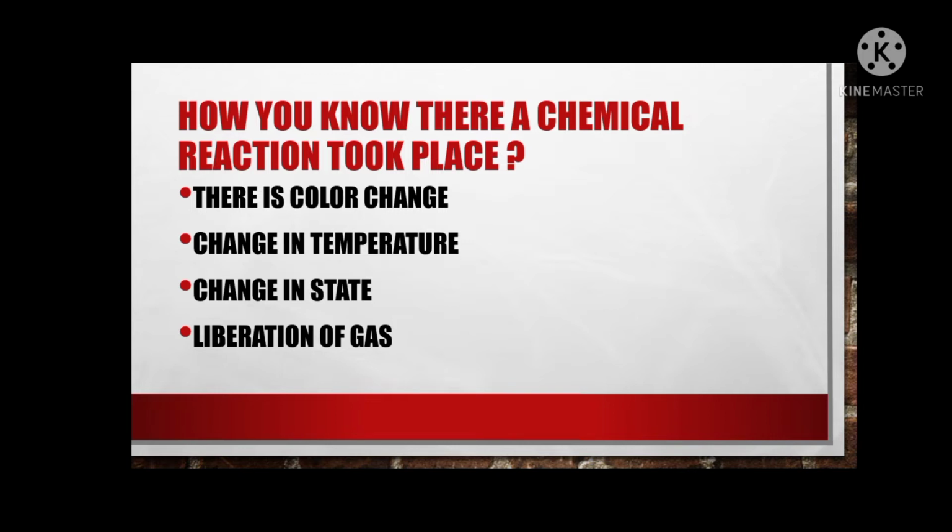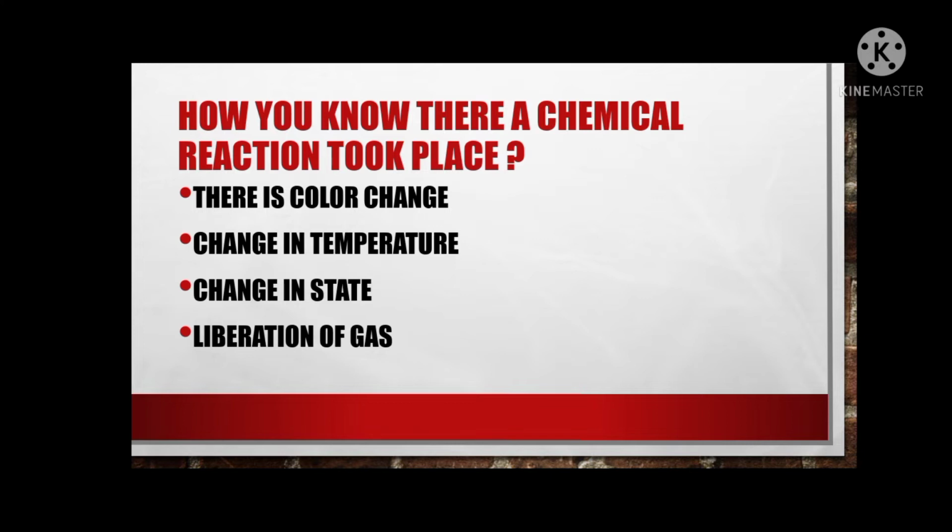To understand this, we have to check the change in color, change in temperature, change in state, and liberation of gas. If the color is changed, then one can say there is a chemical reaction. If the temperature changes, I mean if it is reduced or increased, that should be noticed during the chemical reaction.